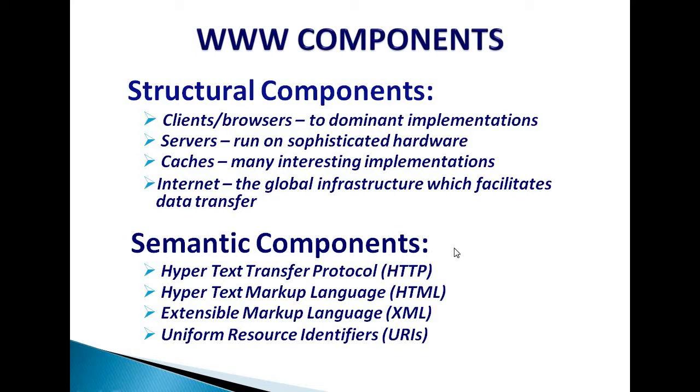Now second is the semantic component, which consists of HTTP, that is hypertext transfer protocol, HTML, hypertext markup language, XML, extensible markup language, and URI, that is uniform resource identifier. So the two components we will use in the World Wide Web or W3 are structural components and semantic components.